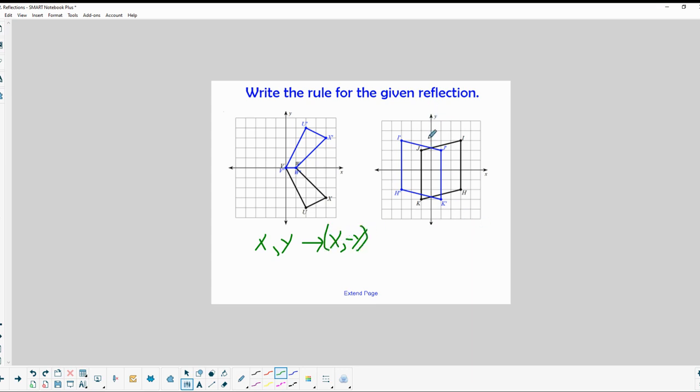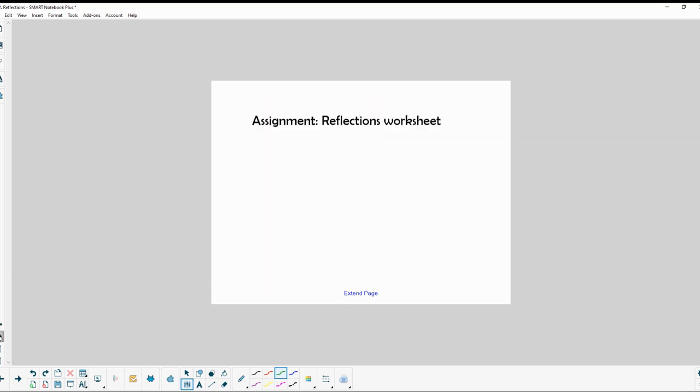And then here we're reflecting across the y-axis. So our original x comma y values will become negative x, comma, y. And that works for all of these kinds of reflections.